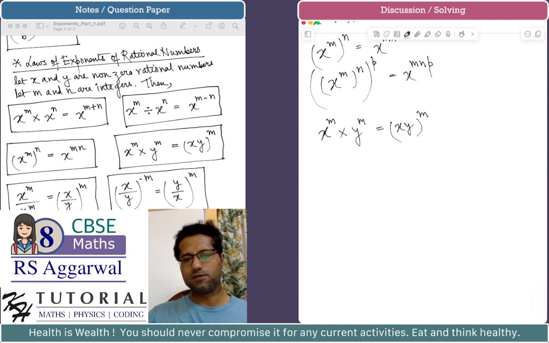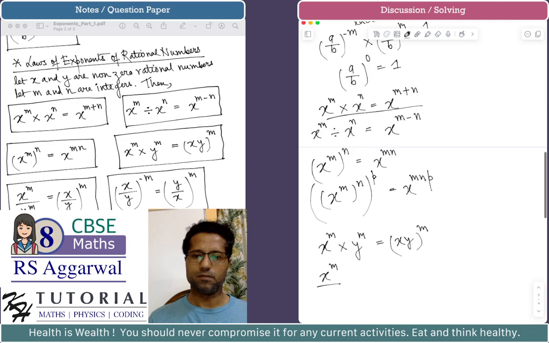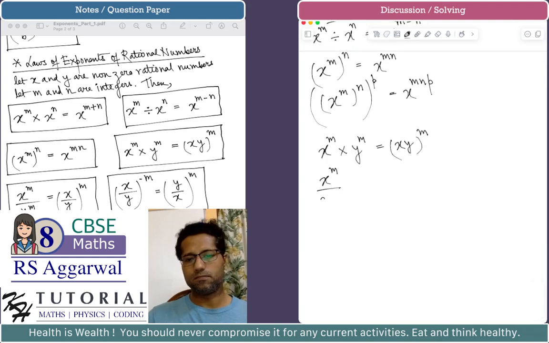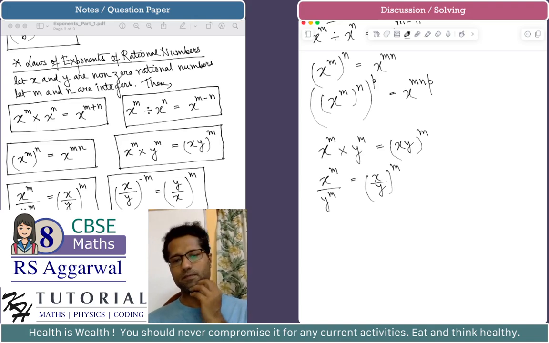If you have a rational number raised to the power m divided by another rational number raised to the same power m, then you can write it as the division of the two rational numbers raised to the common power. So x to the power m divided by y to the power m is equal to x by y raised to the power m.